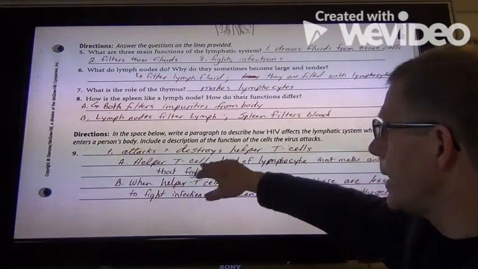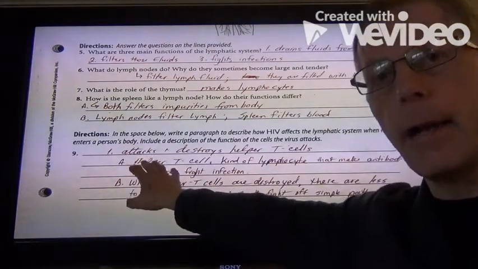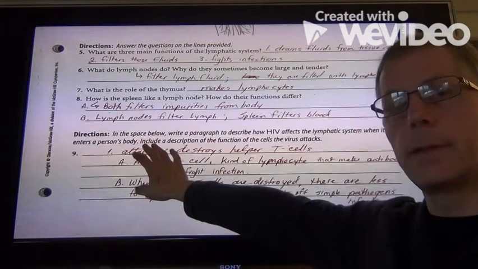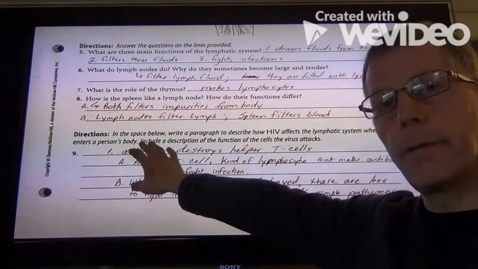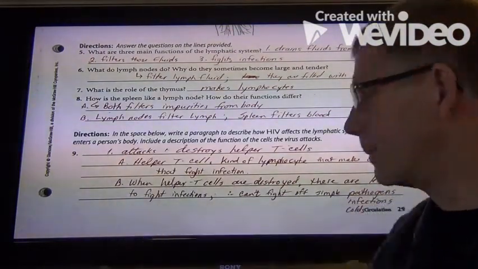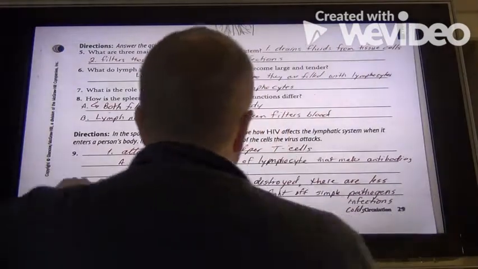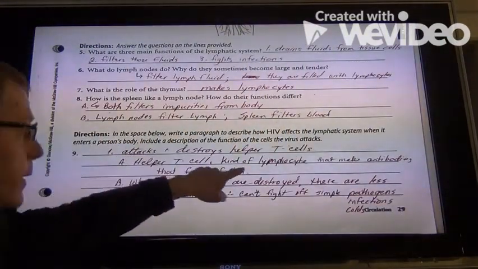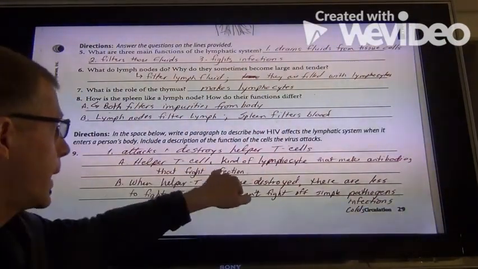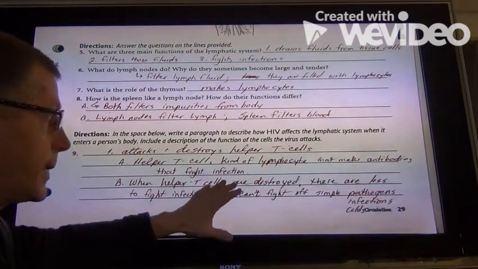And then number 9 basically talks about how HIV will attack your helper T cells and cause the problem. All right? So you can see it attacks and destroys the helper T cells. Helper T cells, which are a kind of lymphocyte, make antibodies that will fight the infection. Antibodies are good.